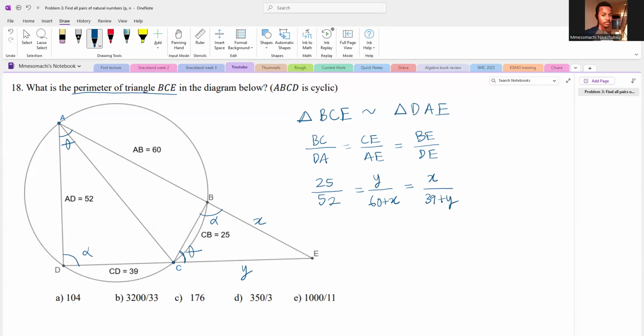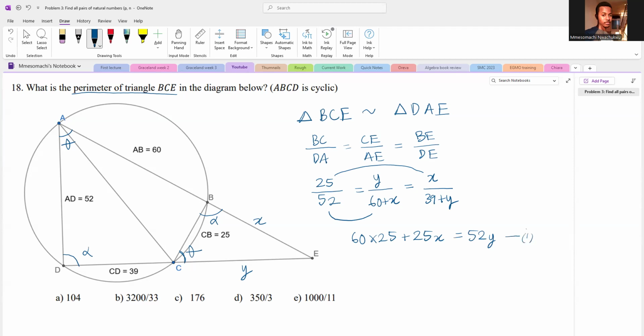Now, how we form these equations is very crucial. We take the first two, and we take the first and the third. If we take the first two, we cross multiply: 60 times 25 plus 25X is equal to 52Y. We can call this equation 1.